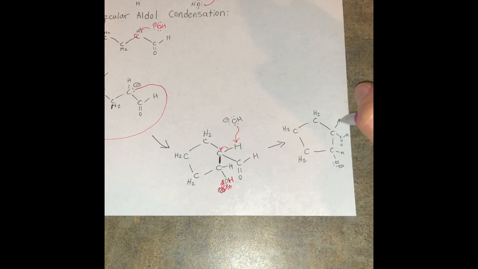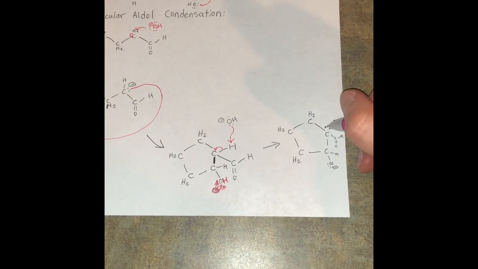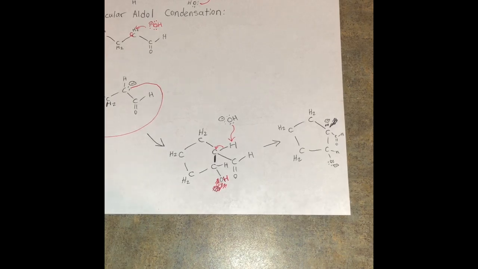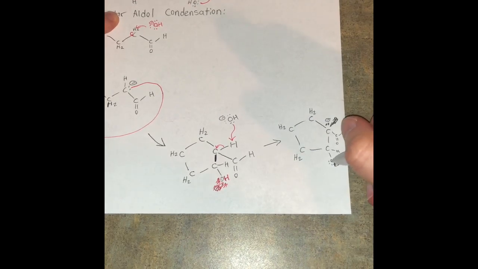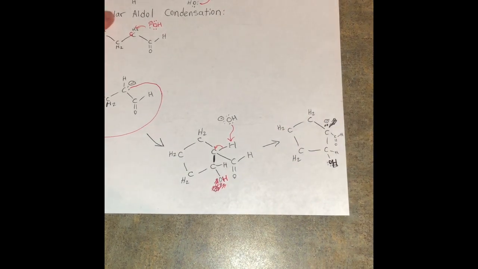And my bad, instead of an H here, we just deprotonated that, so this is now an electron pair. So once we have this with the OH down here, which again I messed up, it's better. Now we can form that double bond.